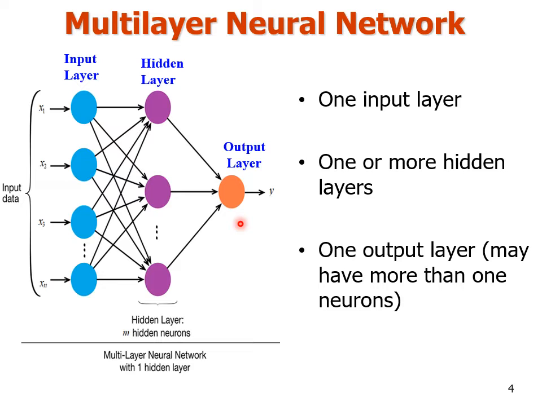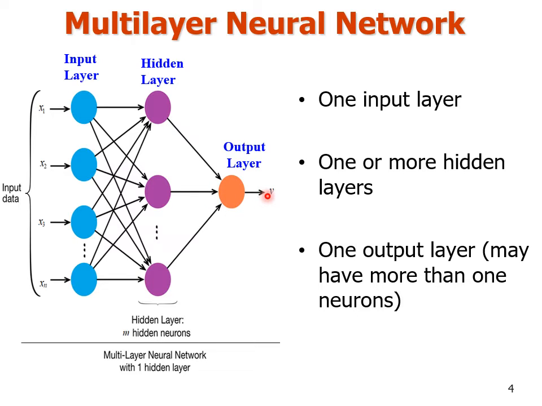Whatever you are looking at in this slide is an example of a layered feed-forward neural network. This is a feed-forward neural network because the connections that we have drawn are unidirectional.